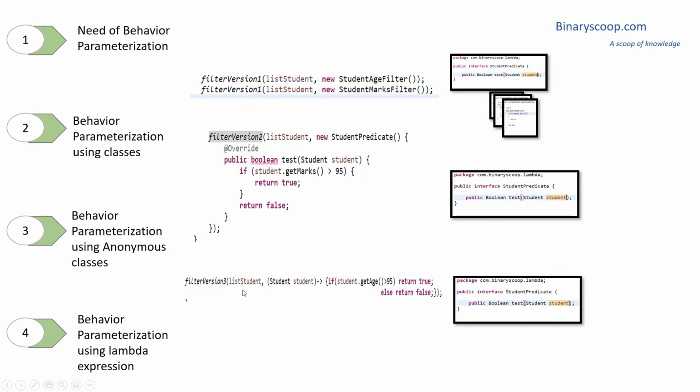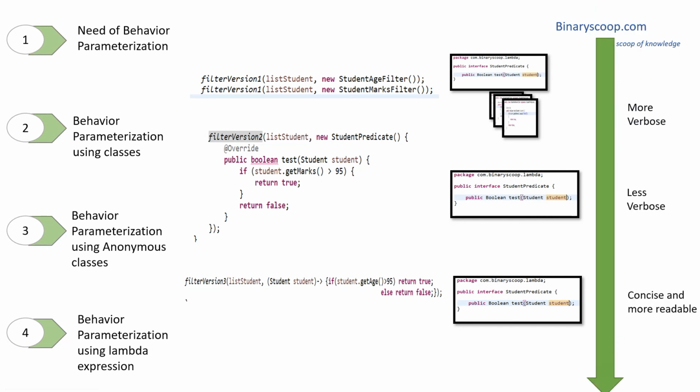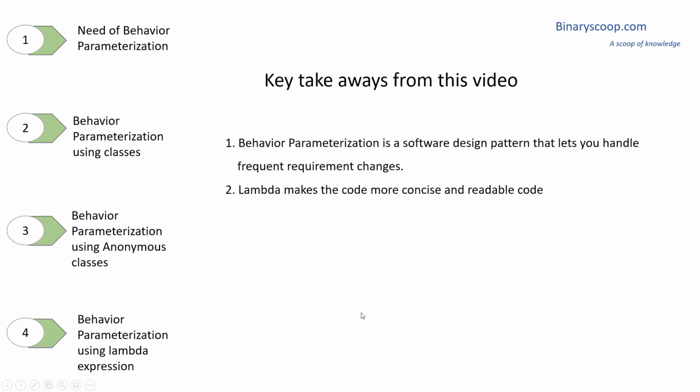Filter version 3 is implemented using lambda expression, and lambda expression makes the code more concise and more readable. Here we can see that the code is more concise as compared to the previous two methods. The syntax for lambda expression is this: parameters and statements.